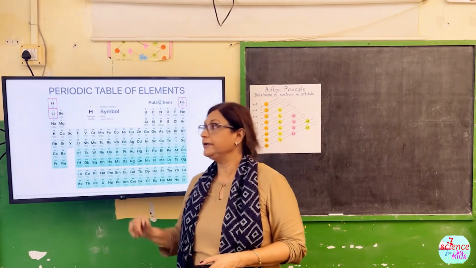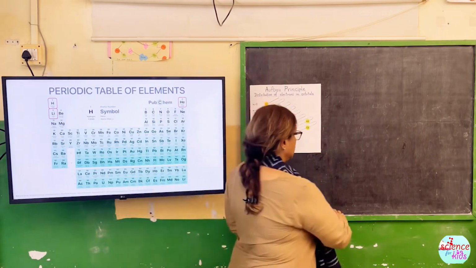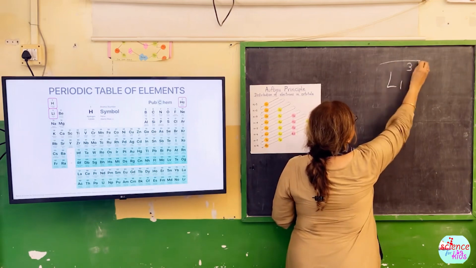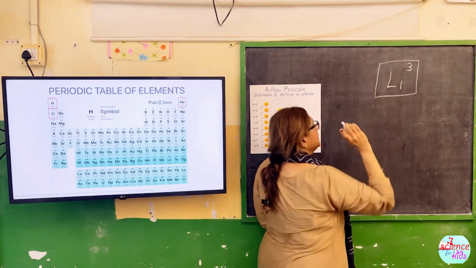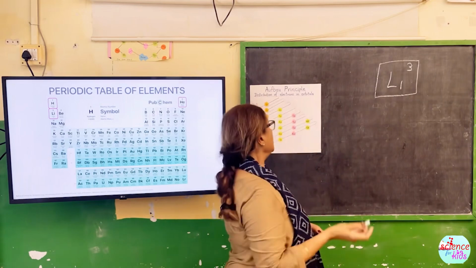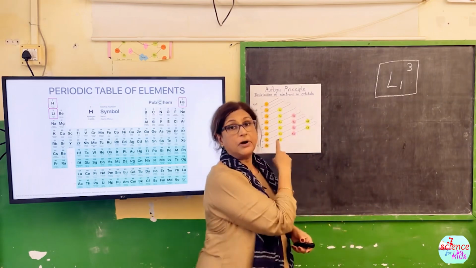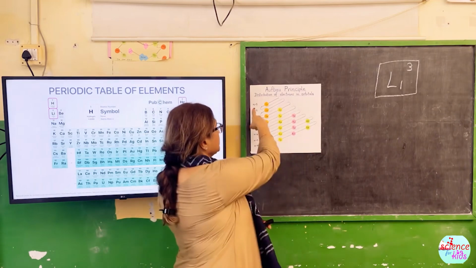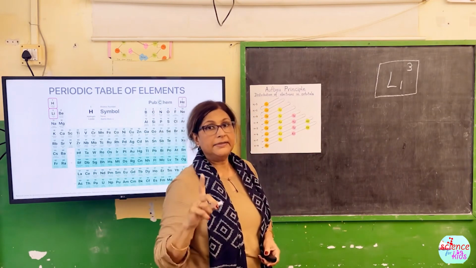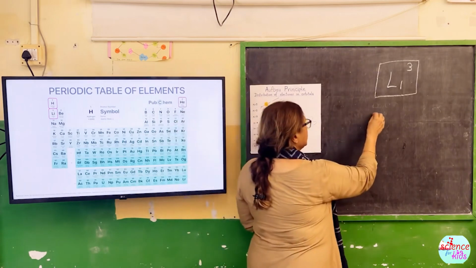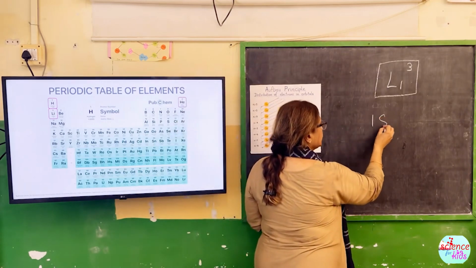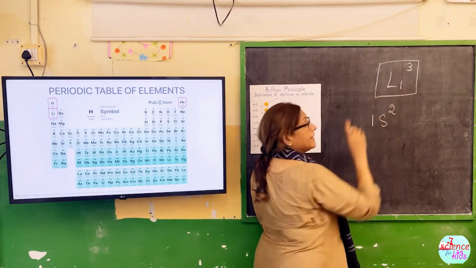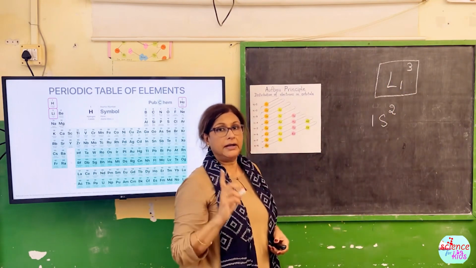So let's do the configuration for lithium. I'm going to write it again here. Lithium has atomic number 3, and we have to do the configuration for lithium. Now again, going back to Aufbau's principle, we always start from the very beginning, which is period 1 sublevel s. So period 1, sublevel s, can hold how much? 2 electrons. But lithium has 3, so there's 1 extra electron here.